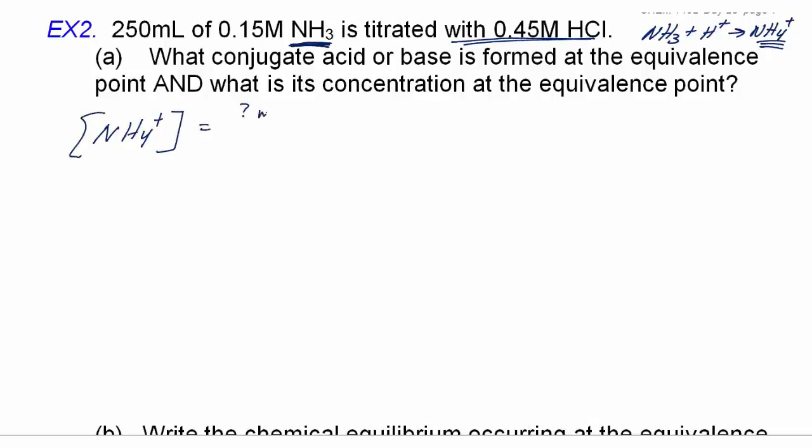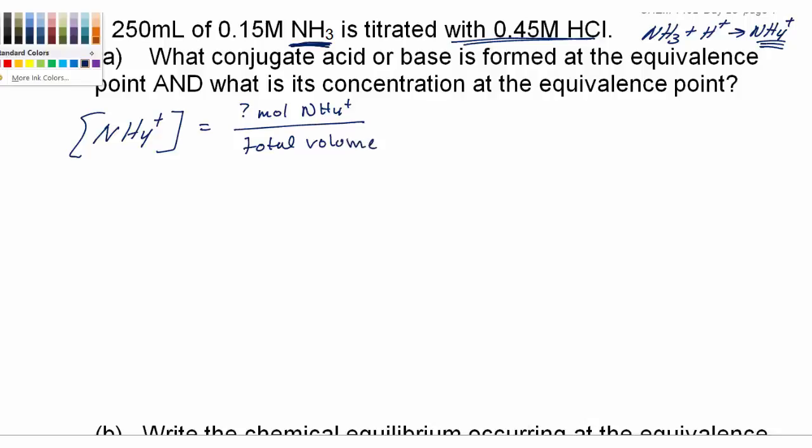Well, the moles of ammonium are the same as the moles of ammonia, all over the total volume. The top part's the easy one, right? Because that has to be the same as the moles of ammonia.